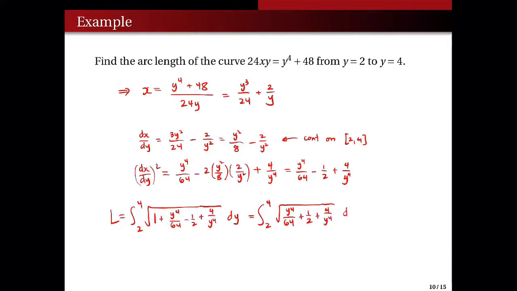Very much similar to what we did in the previous example. So this will be y squared over 8 plus 2 over y squared, quantity squared. So the integral from 2 to 4 of the square root of y squared over 8 plus 2 over y squared quantity squared, and then dy. So simplifying, you'll just have the integral from 2 to 4 of quantity y squared over 8 plus 2 over y squared dy.